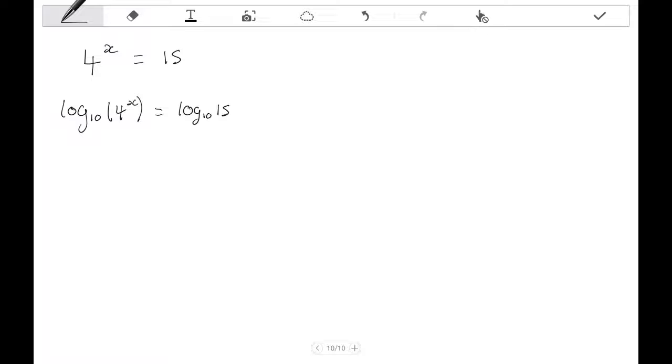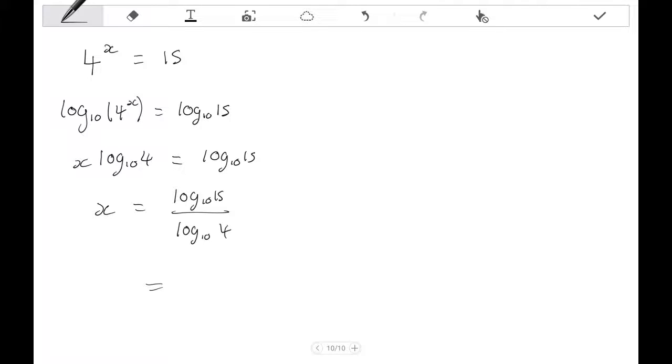Well, using the power law, we can rewrite this left-hand side as x times log base 10 of 4, and it's still all equal to log base 10 of 15. Then we can divide both sides by log of 4, and we get that x would be equal to log base 10 of 15 over log base 10 of 4.